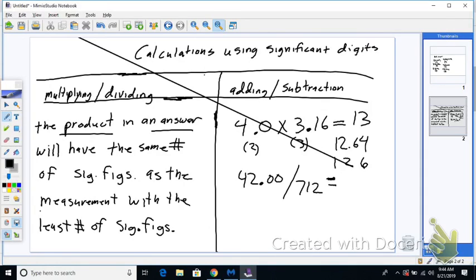Okay? Questions? So when we do this, for the answer, do we just give you 13? Yep. Sometimes it's good to write down what's on the calculator, and then you analyze that, and then you look at which of those digits are important and how you're going to round it.